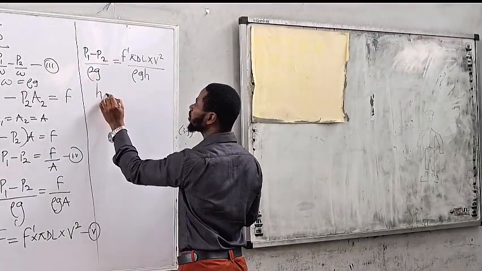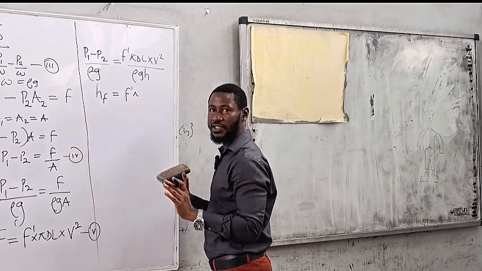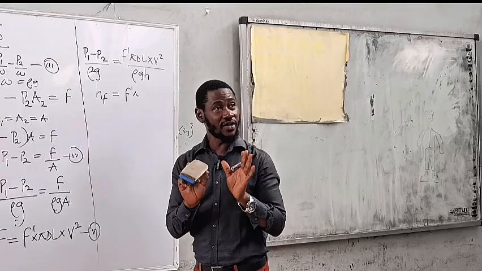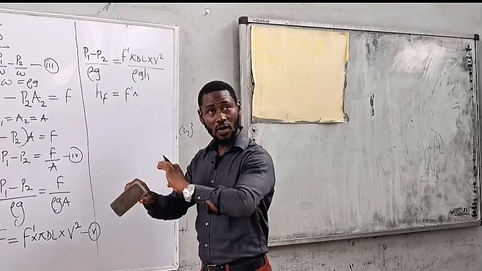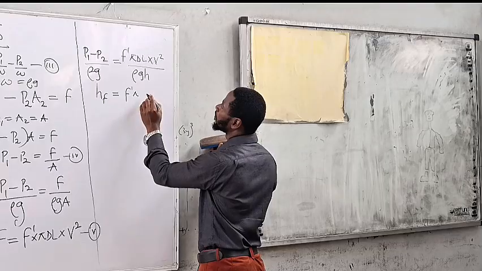So we have HF equals F prime pi D, where pi D is defined as the perimeter of the pipe. So you can change pi D to perimeter.